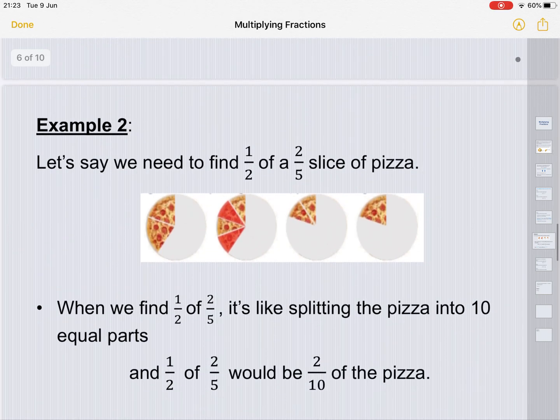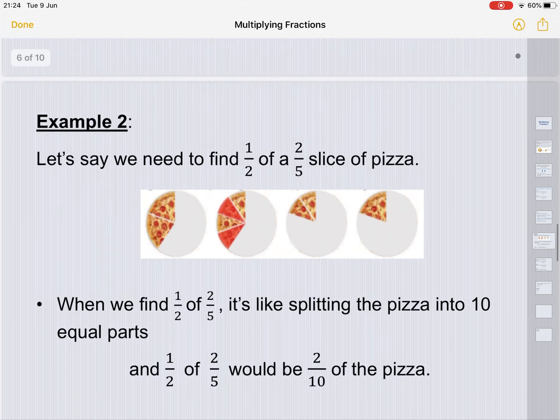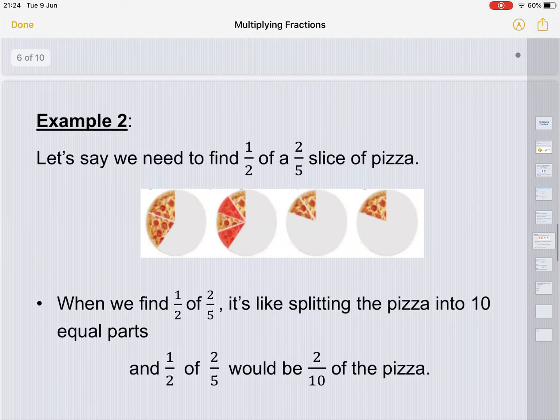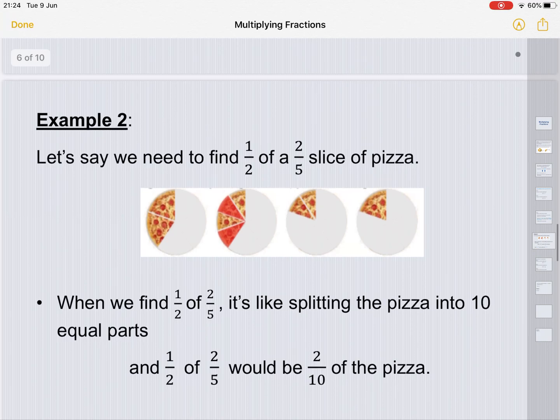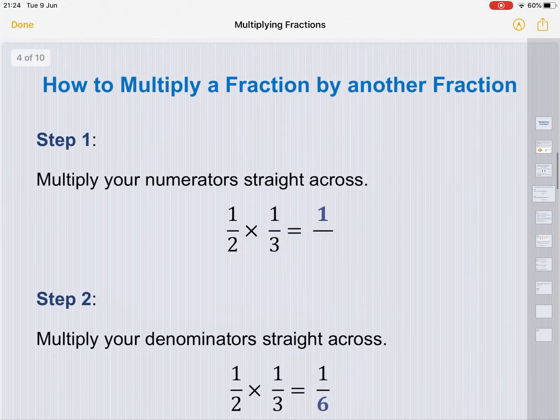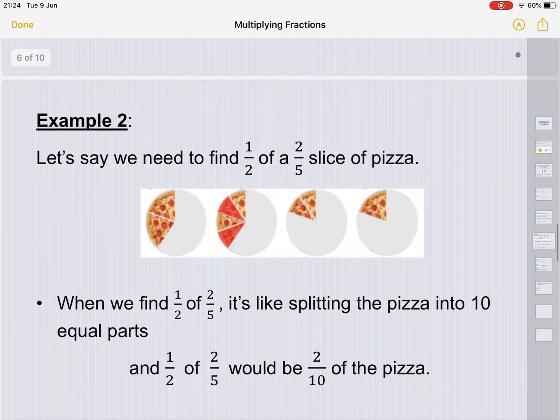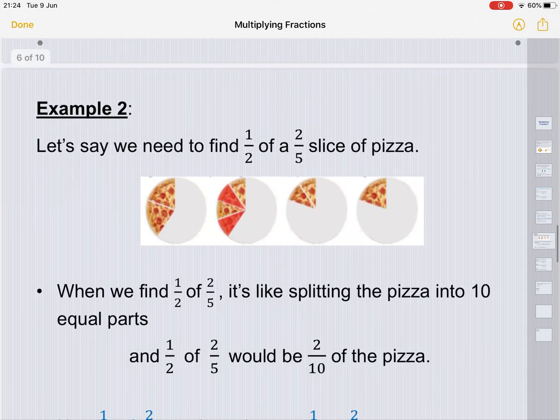Let's discuss example 2. Let's say we need to find 1/2 of a 2/5 slice of pizza. When we find 1/2 of 2/5, look at the diagram, boys. In the first diagram, we have 2/5 of a pizza.